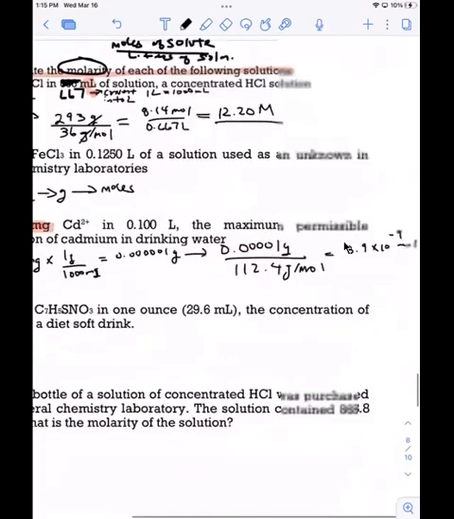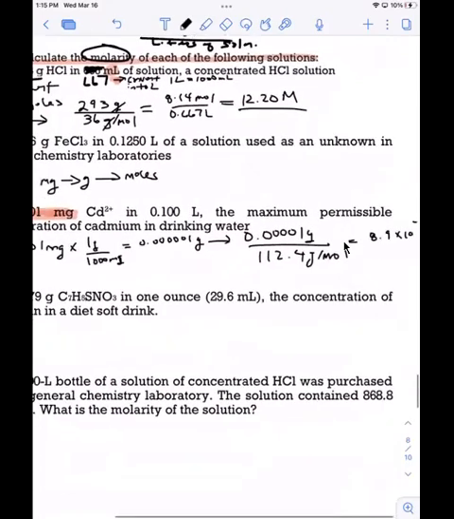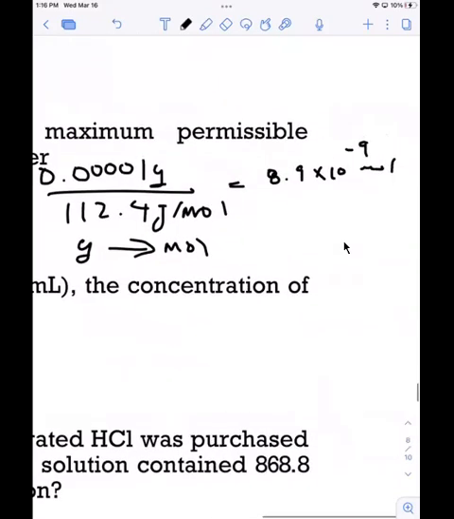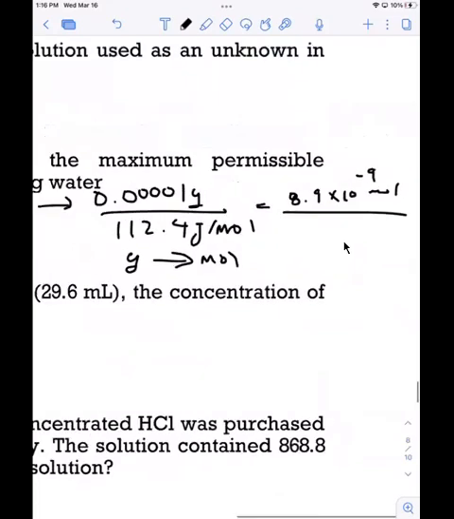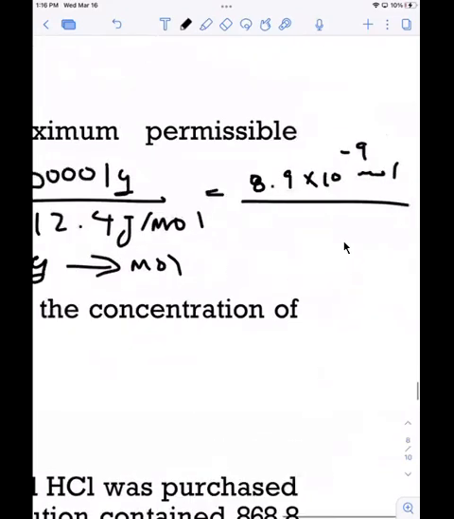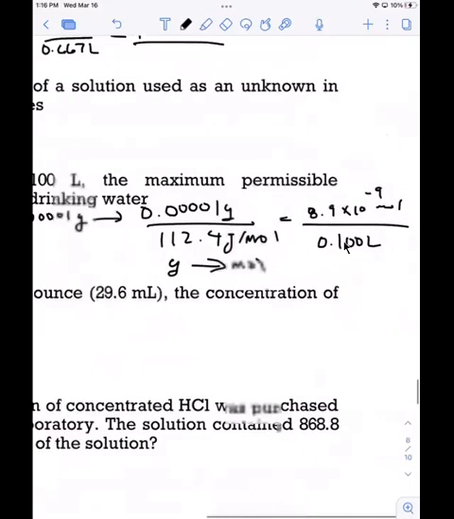Now, we've done the milligrams to grams, grams to moles. And now we can do the concentration. Just divide that by the given volume, which was 0.100 liters. And that's just going to move that decimal place one time.